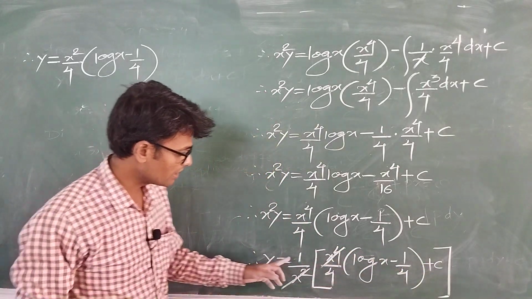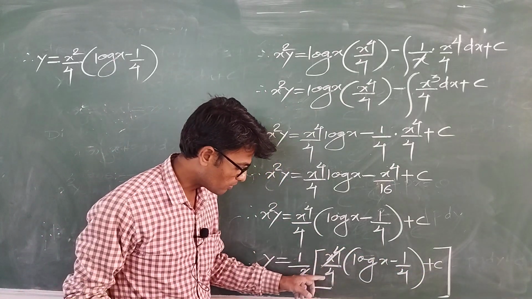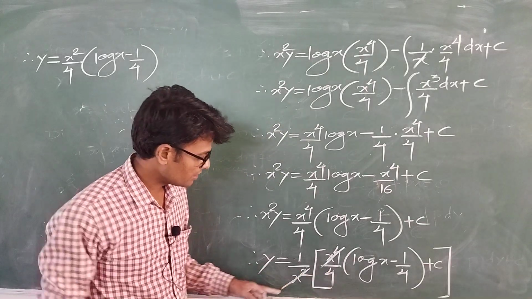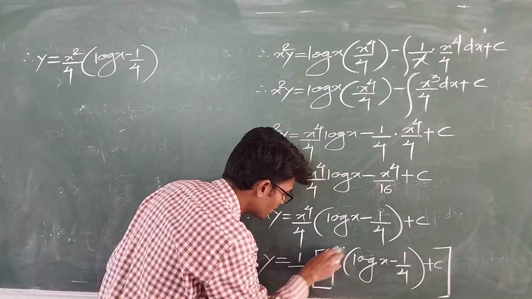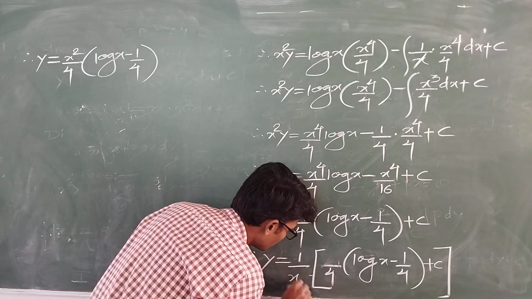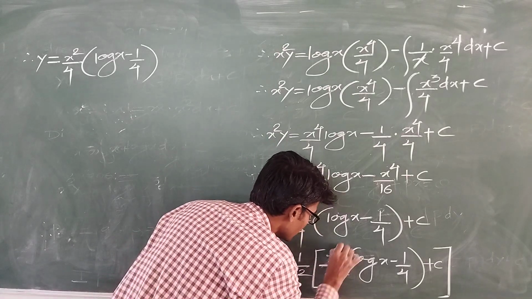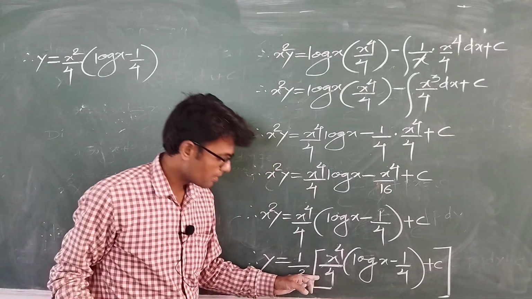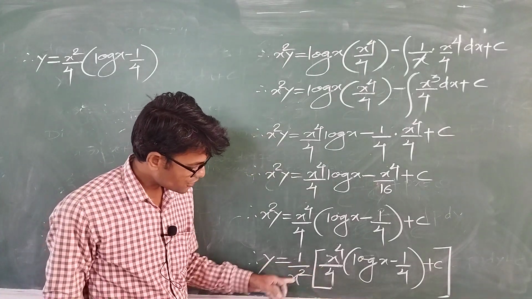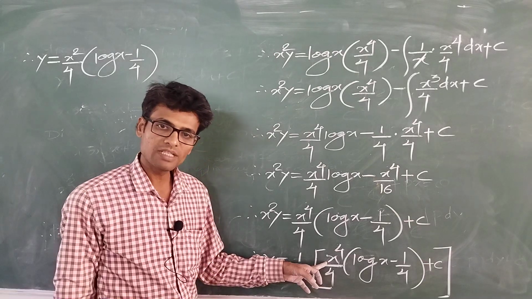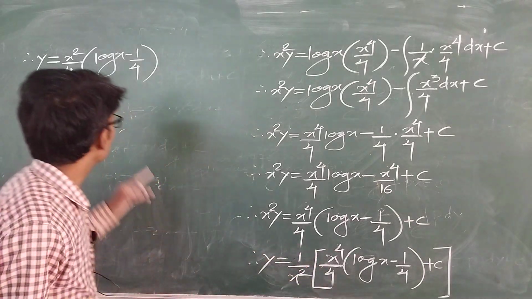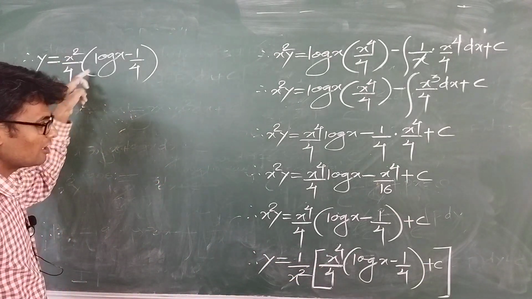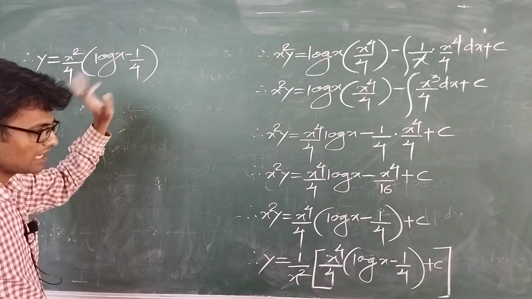See, 1 by x square is multiplied with the x raised to 4 by 4. So when you are taking 1 by x square inside the square bracket, this x square and 1 by x square for x raised to 4 get cancelled. So you will get x square by 4 log x minus 1 by 4 as it is.